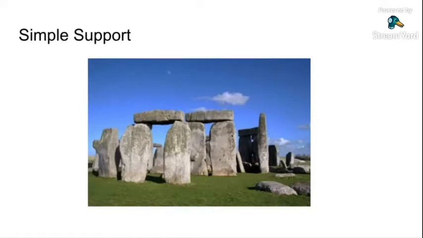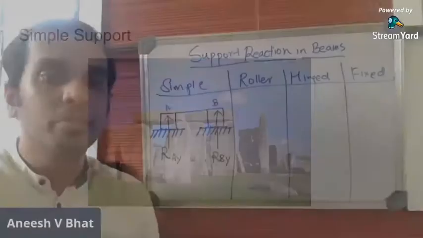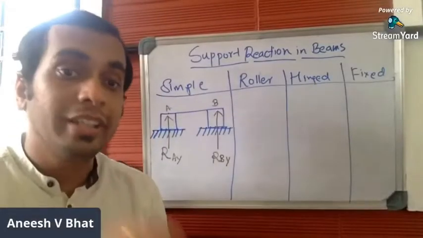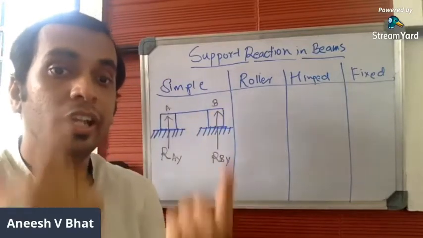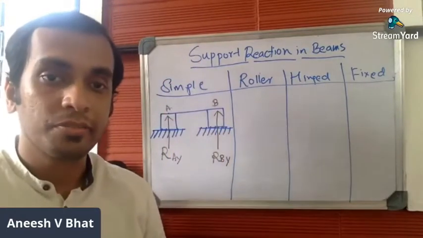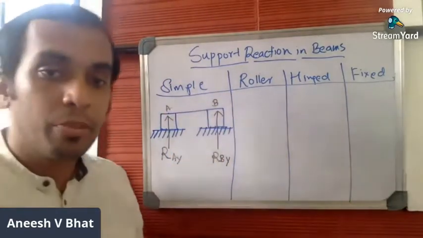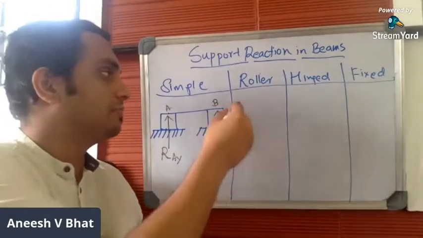Even here, if you consider these two as the supports, the lintel or beam is just kept over them. So this type is called simple support, and it offers reaction only in one direction, that is in Y direction. Now let us go through the second type of support, which is roller support.